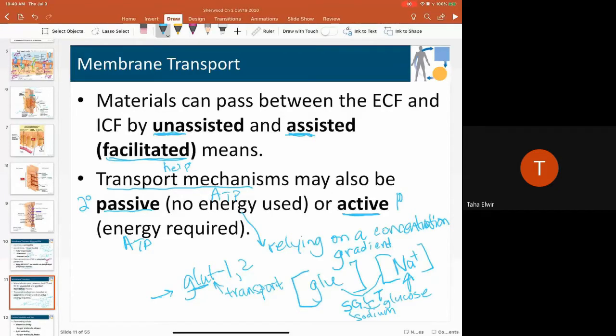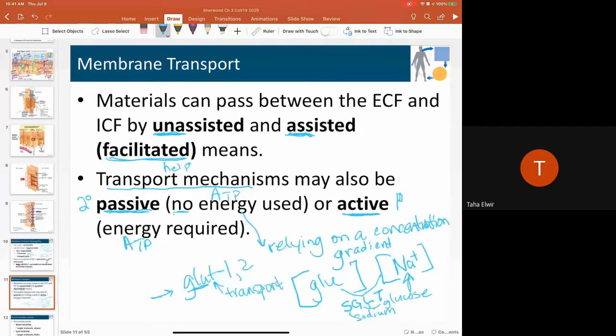Okay, so we either have passive, unassisted diffusion through a channel or a lipid-soluble substance going right through the plasma membrane. Or we've got assisted and facilitated transport, which means we've got a protein that's helping the molecule get across. That assisted or facilitated transport is technically passive transport.